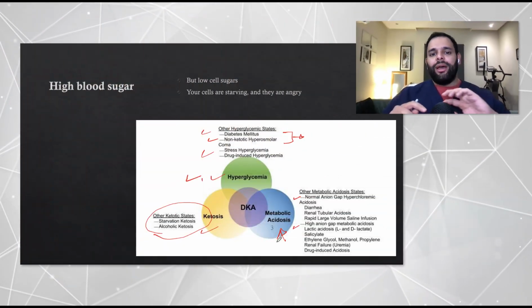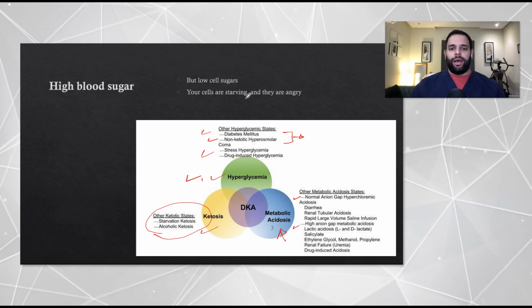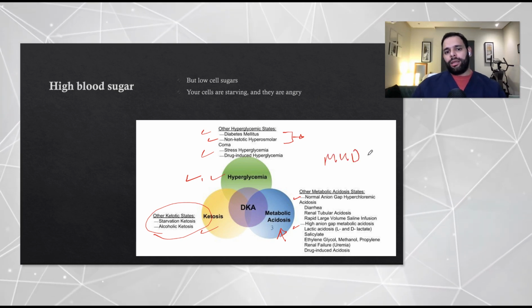The normal anion gap hyperchloremic acidosis is a specific condition that can come from diarrhea, renal tubular acidosis, rapid large volume saline infusion, and the high anion gap metabolic acidosis will come from the lactic acids, whether the L or D lactate, salicylates, ethylene glycol, methanol, polyethylene, renal failure, meaning uremia, and drug induced, like we mentioned before. And you may want to look up the mnemonic MUDPILES.